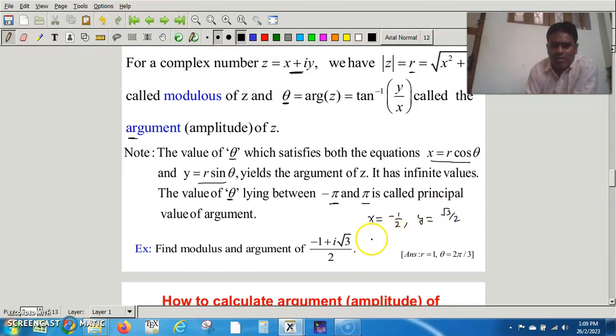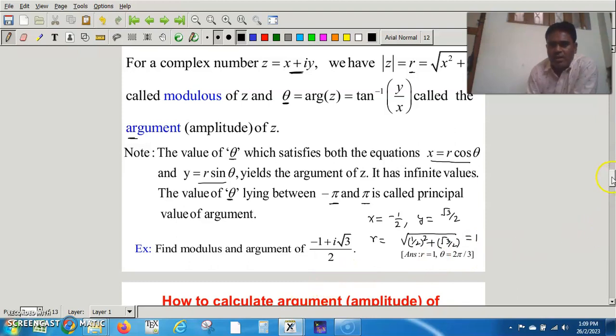To find the modulus, r is nothing but the under root of the squares of the real part and imaginary part. So you will get under root of 4 by 4, that will be 1.